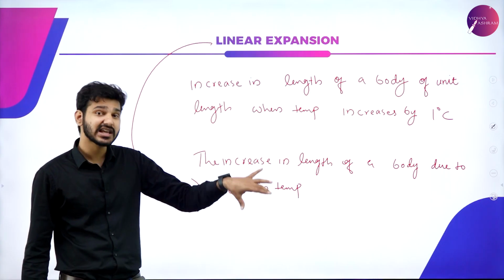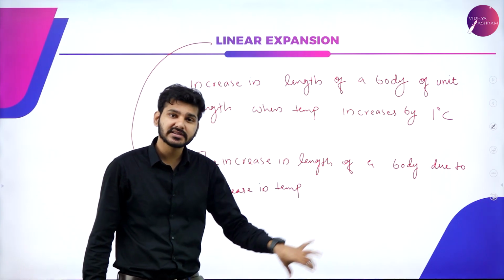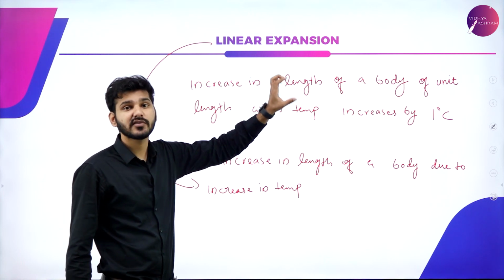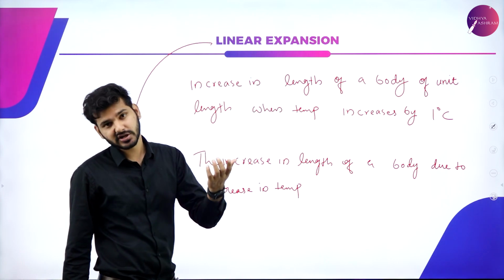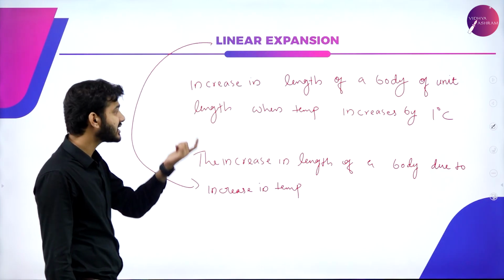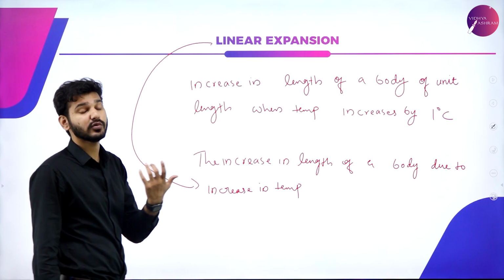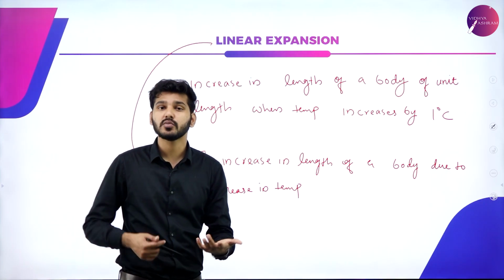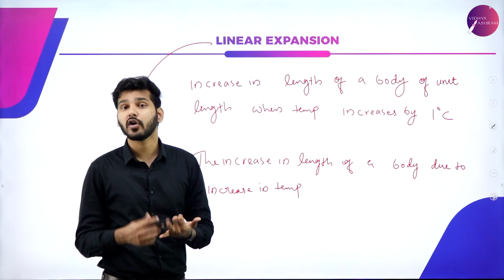And if 1 degree Celsius is causing an expansion of 1 unit length, that expansion gives you the definition for alpha. Similarly, we can define area expansion and volume expansion.